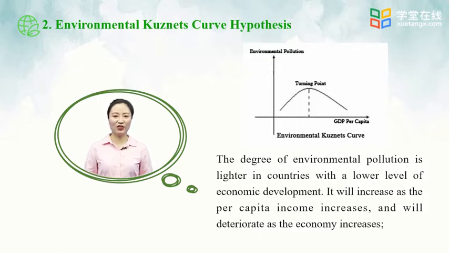What's the meaning of this curve? The level of environmental pollution is lower in countries with a lower level of economic development. It will increase as the per capita income increases and will deteriorate with the economic growth.